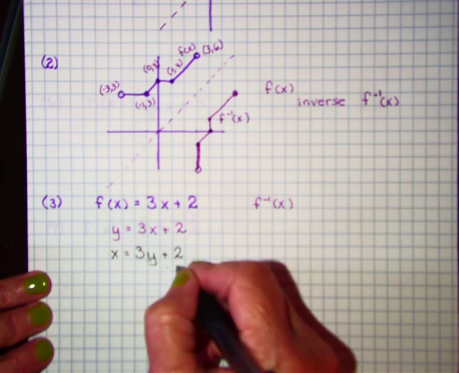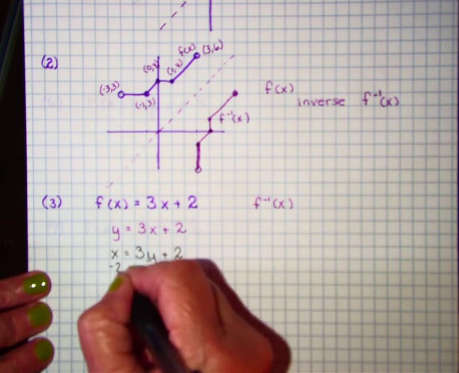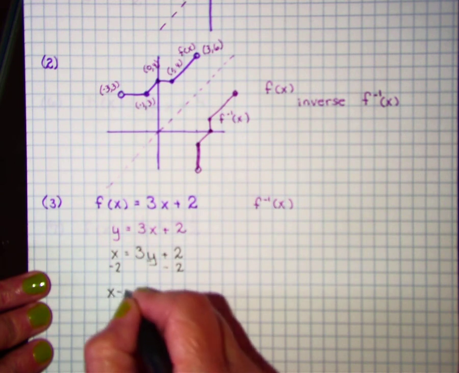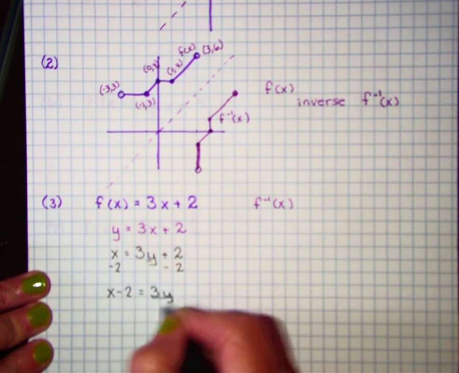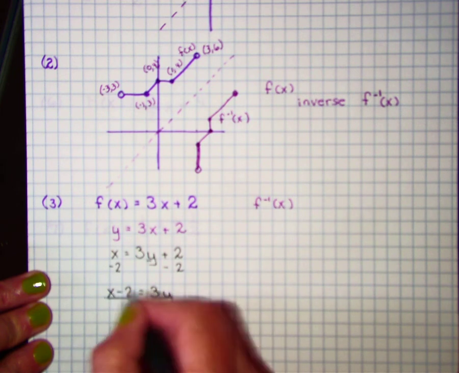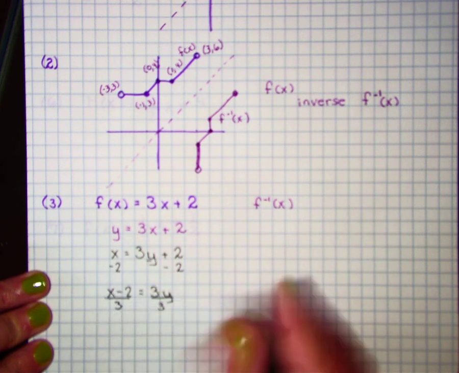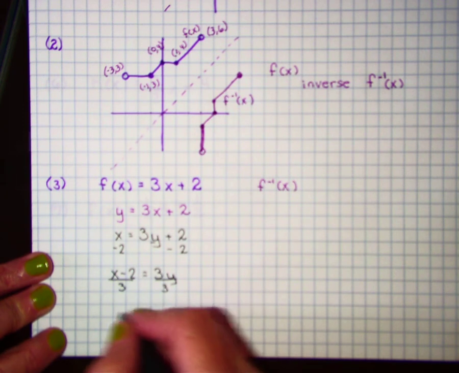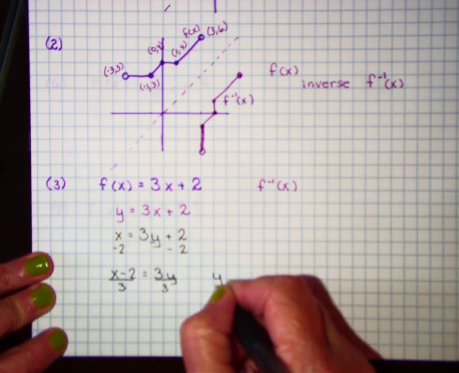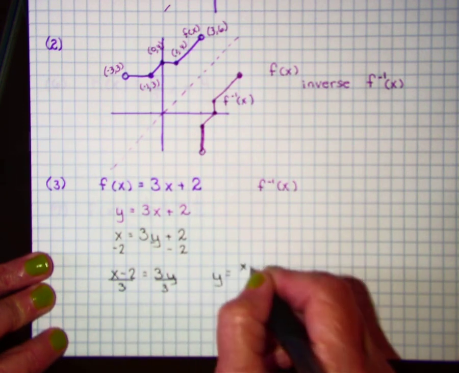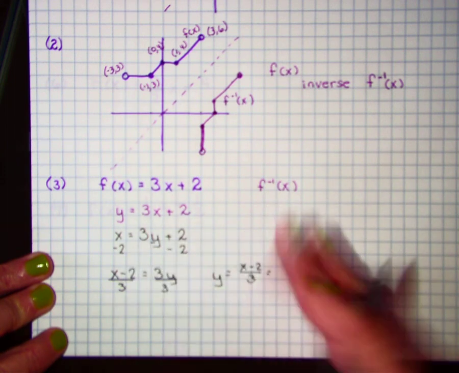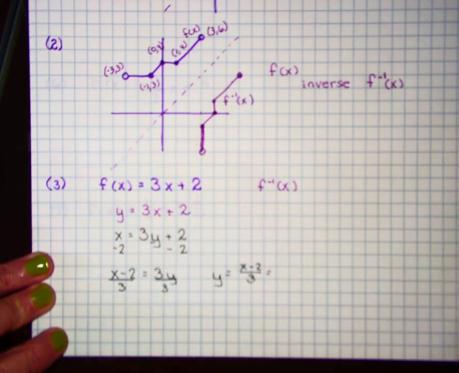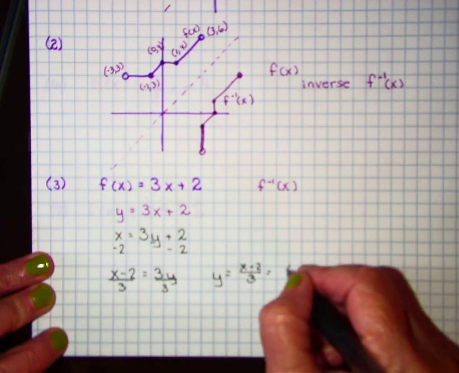So to do that, I'm going to subtract 2 from both sides. And so I have x minus 2 equals 3y. Now I'm going to divide both sides by 3. And when I divide, I have to divide everything by 3. Okay? So now I have y equals x minus 2 over 3. Well, if I want to make it in slope-intercept form, I can put 3 under both of these.